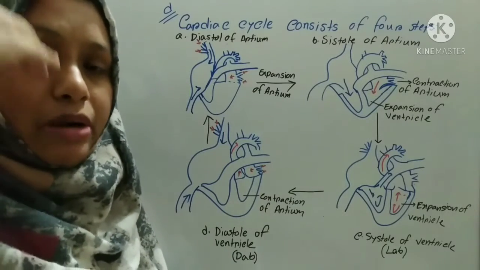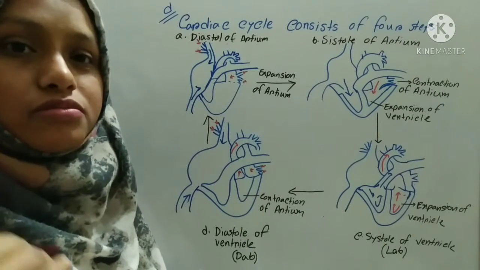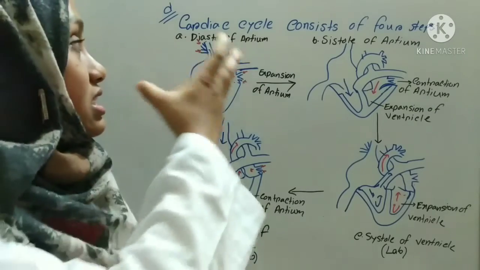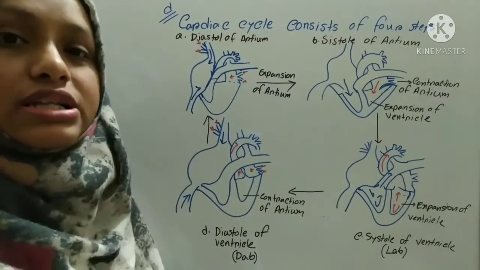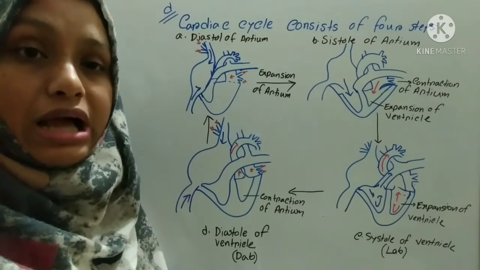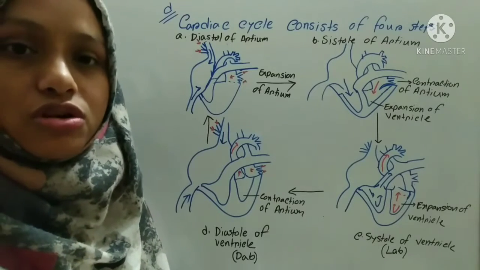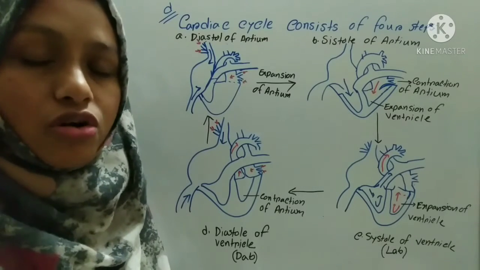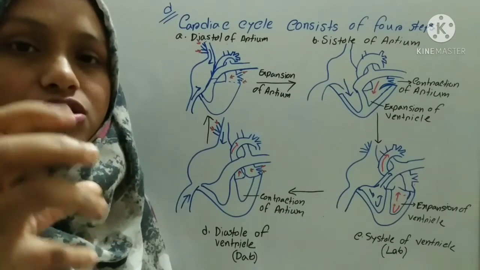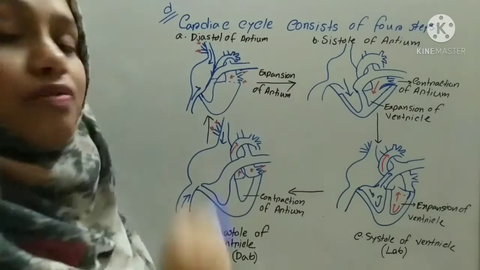You know the upper part of the heart is called atrium and the lower part is called ventricle. Here you must know 2 terms, diastole and systole. Diastole means expansion. When the part is full with blood, it is expanded. This is called diastole. And when blood is released or goes to another part, then the part contracts. That is called contraction.